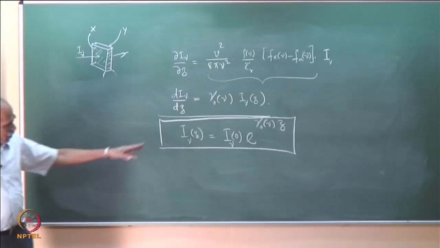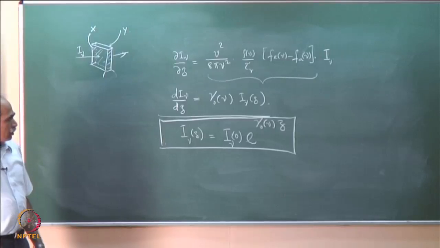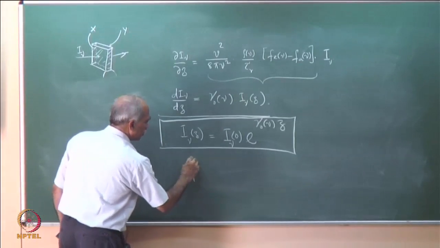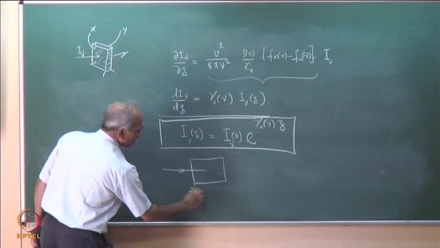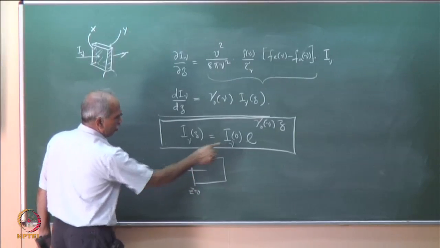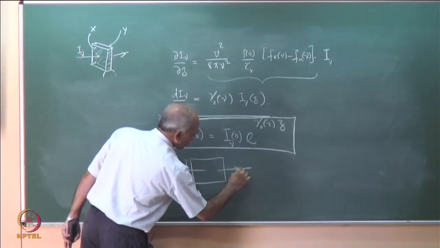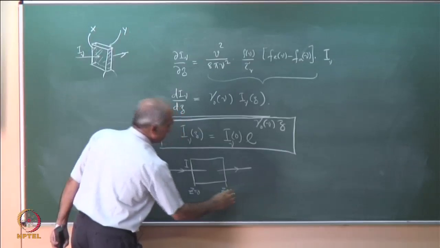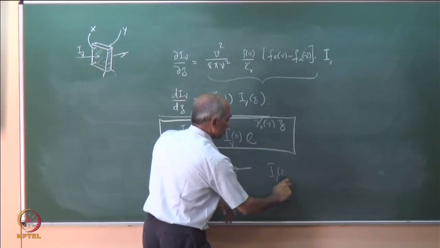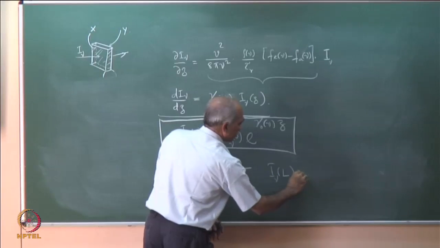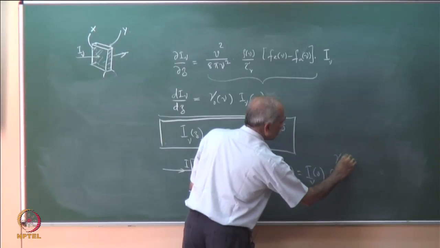We have got an expression for the intensity at any value of z. If you are looking at the output, this is z equal to 0, I_nu of 0 is the intensity here, and at the output at z equal to L, this will be I_nu of L is equal to I_nu of 0 into e to the power gamma L.